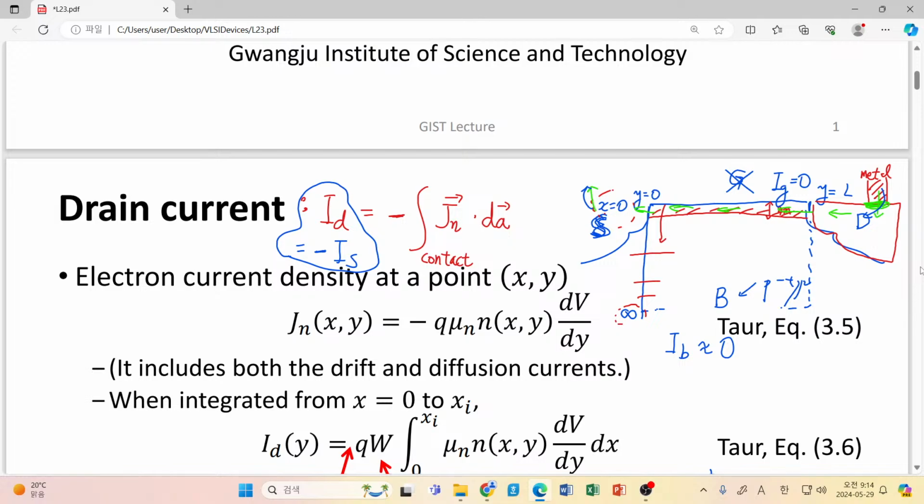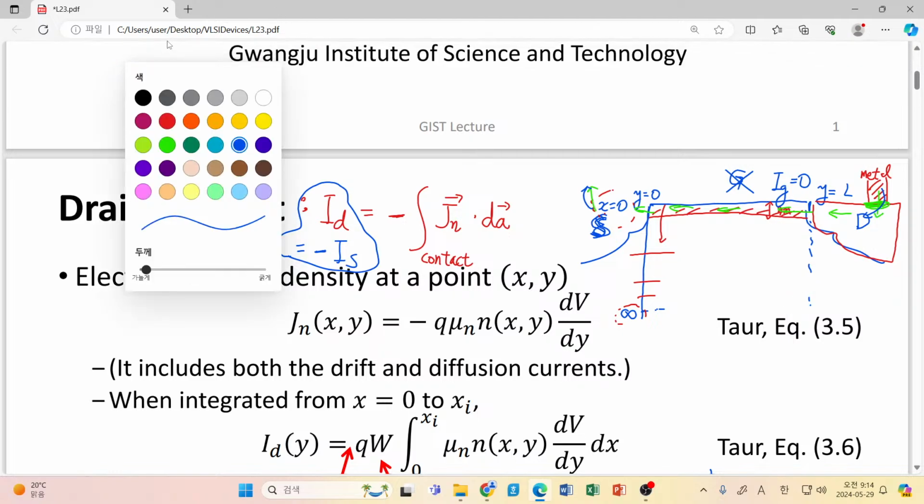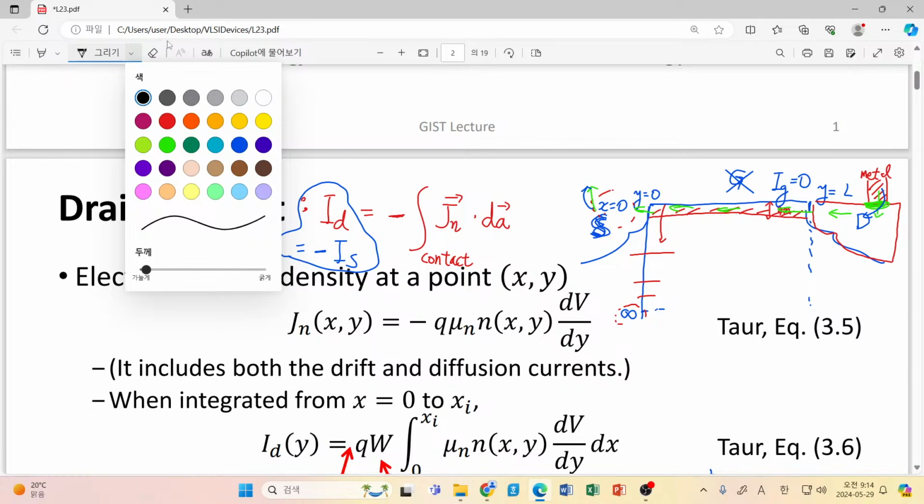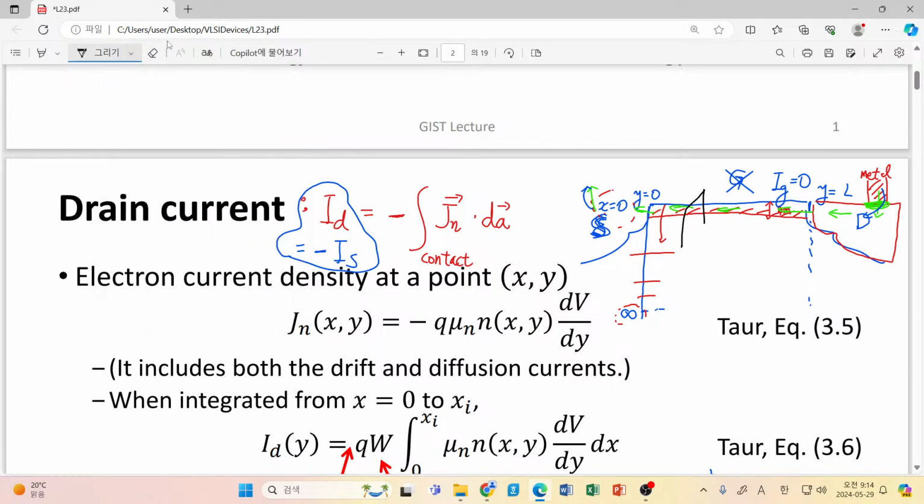Since the current is conserved, what we can say is like this. If we calculate a certain integration of current density, or integration of current, at this point, then what will happen?